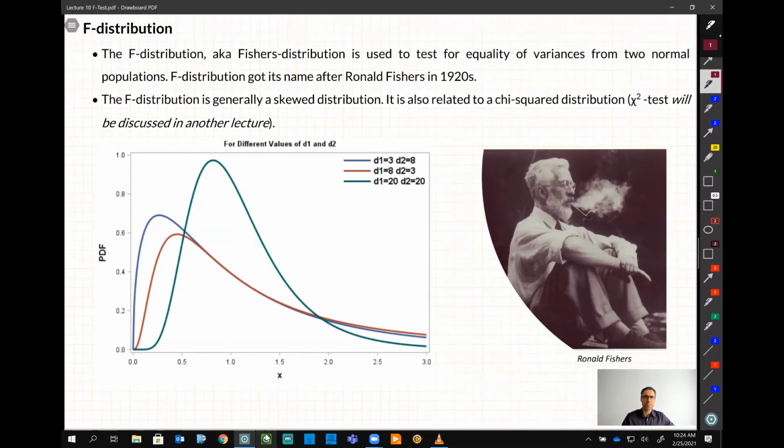He quit everything because he wanted to figure out this F distribution, and he invented this method and the formula for the F distribution. So some people, in respect of his name, call it the Fisher distribution, and that's why the word F comes to play, because of his family name.